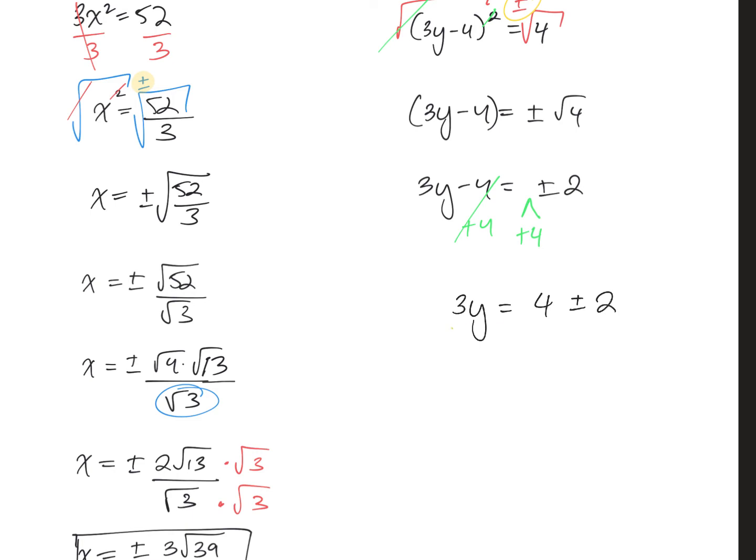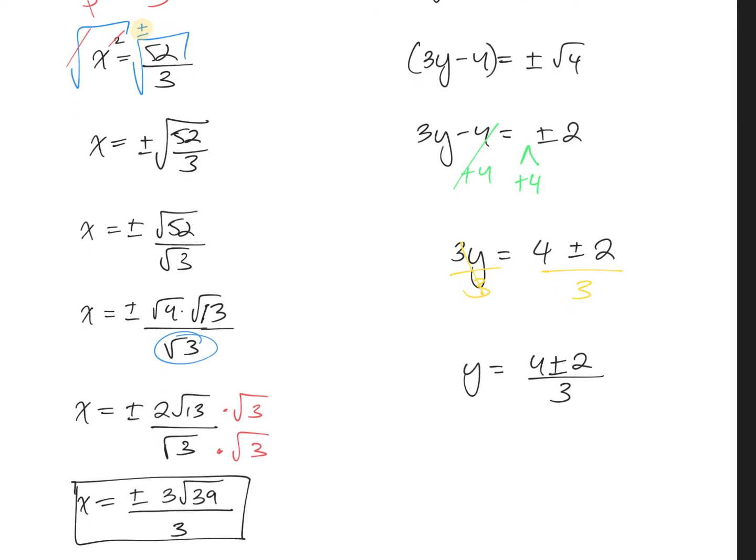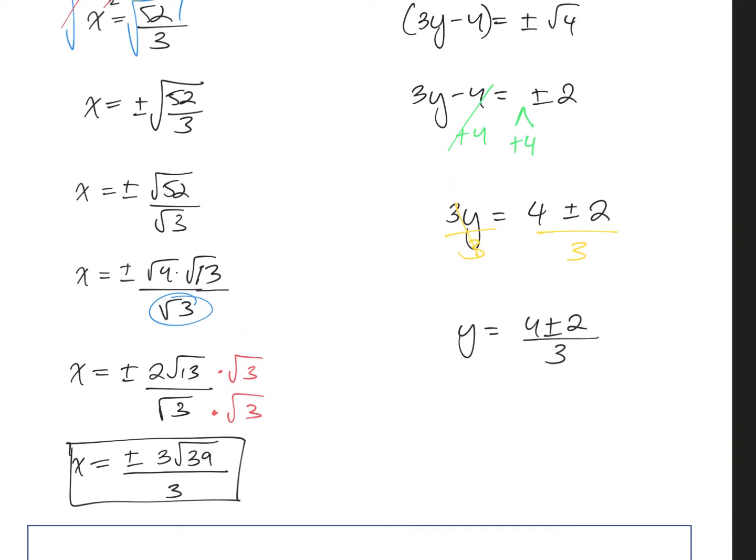And only one thing left to do. We got to divide both sides by 3. And we have y equals 4 plus or minus 2 divided by 3. We're super close to being done. However, we have 2 possible answers, the positive version and the negative. So we have to go ahead and split this. We can do 4 plus 2 over 3.